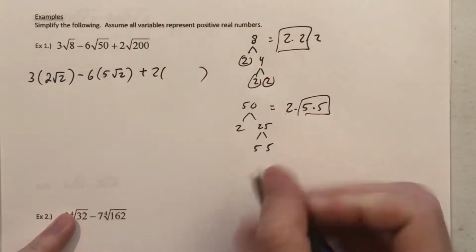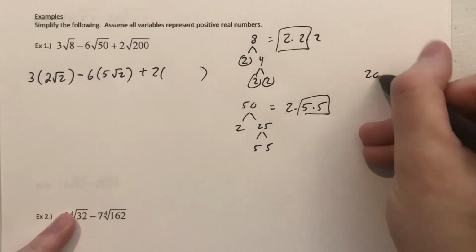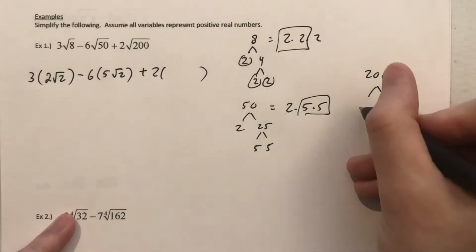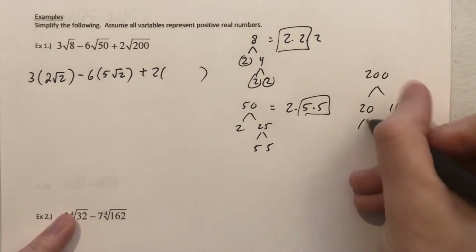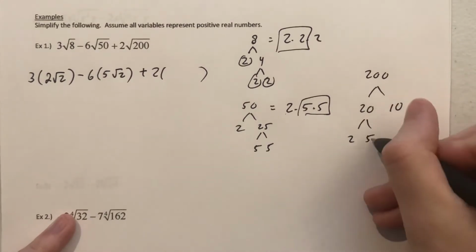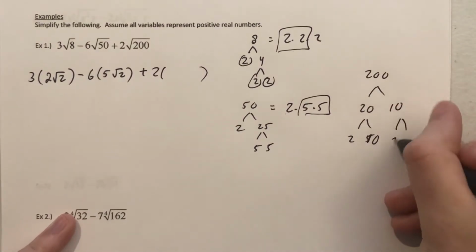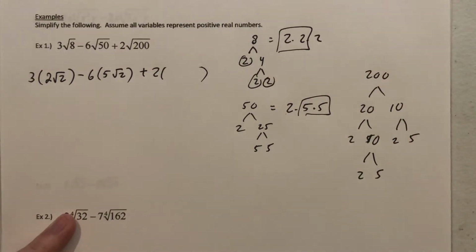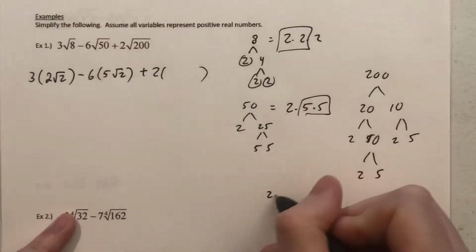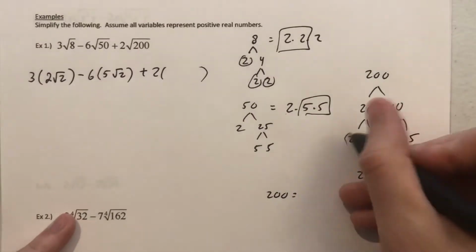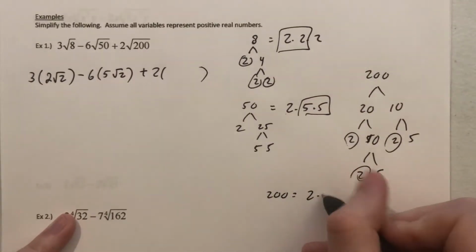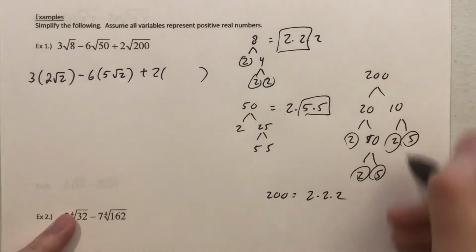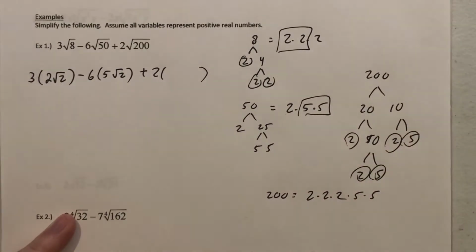Plus 2 times, and that will break down to 100. Okay, 200 can break down to 20 and 10, 20 to 2 and 10, 10 to 2 and 5, and then another 10 to 2 and 5. So I'll write that down here. 200 has now simplified to, looks like 3 2s and 2 5s.